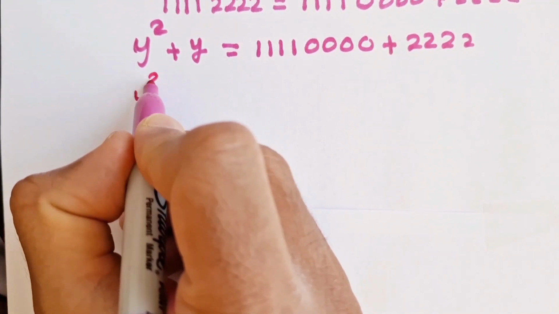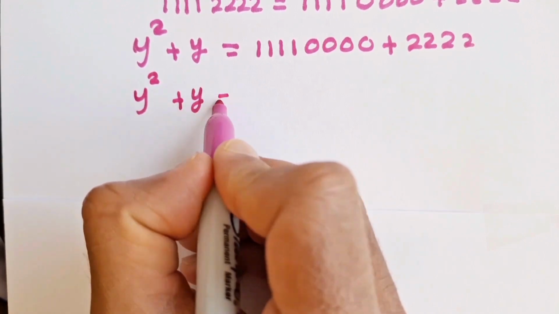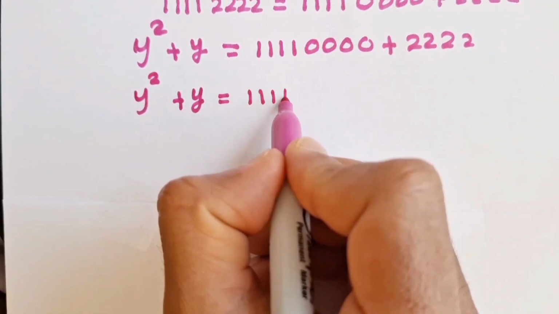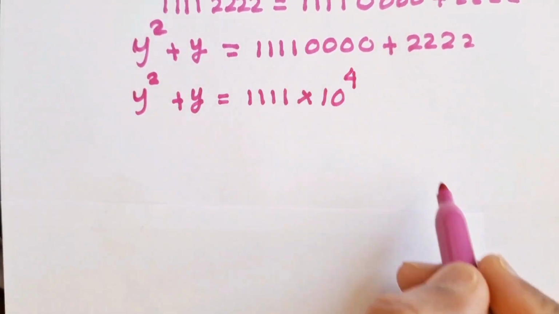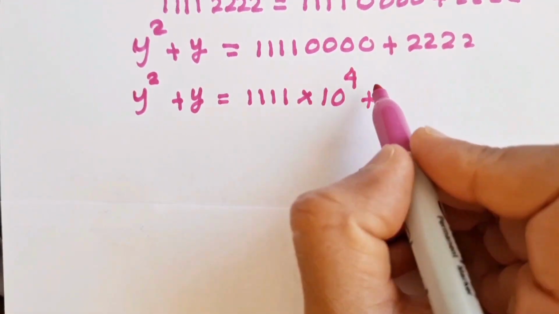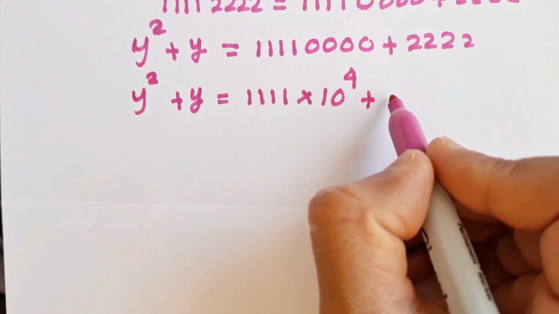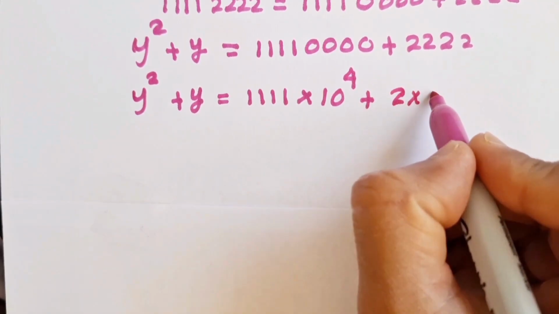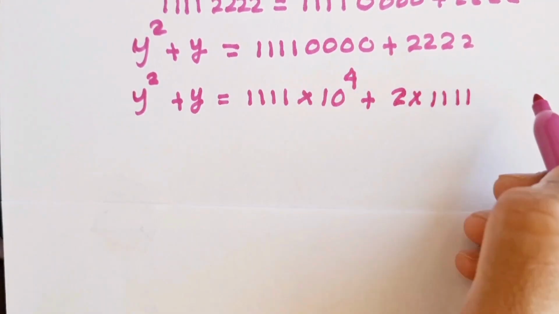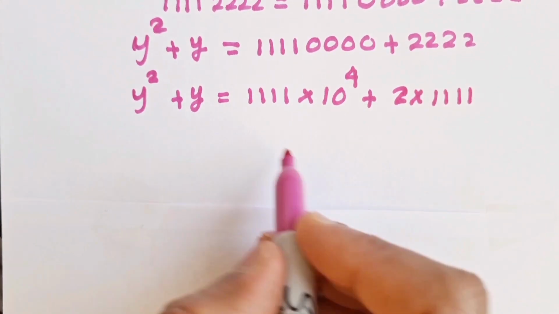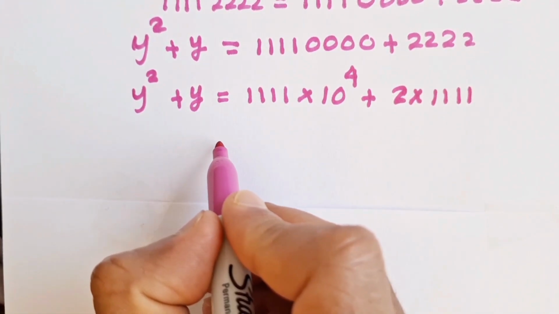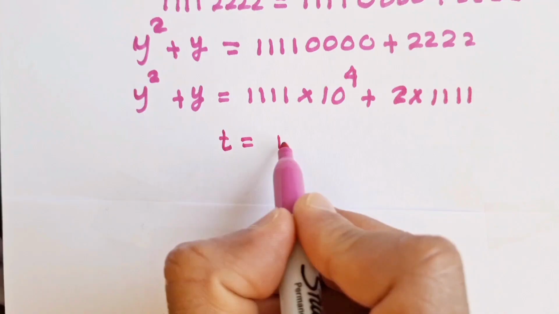Then y square plus y is equal to, this number can be written as 1111 times 10 to the power of 4, plus the 2222 can be written as 2 times 1111. Now I'm going to use another substitution in the next step for the convenience of solving the problem.